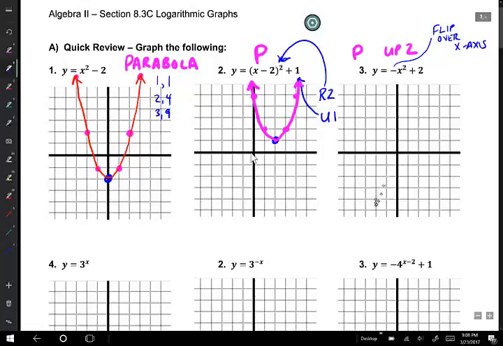So we flip it over, it's going to go down that way and then up 2. From here, our pattern is normal. We're going to go over 1 and down 1, over 1 and down 1, over 2, down 4, over 2, down 4. And so there's a quick look at this parabola. It is going down because it's a negative x squared. So a couple of illustrations of flipping and moving laterally and up and down.